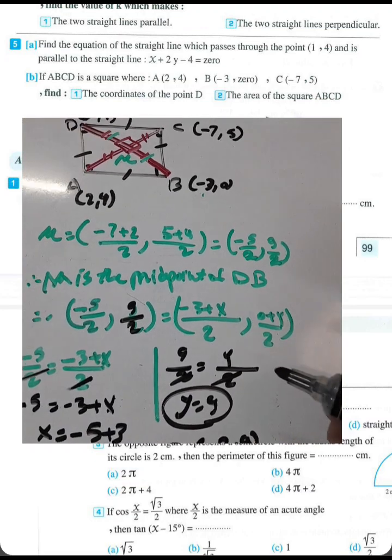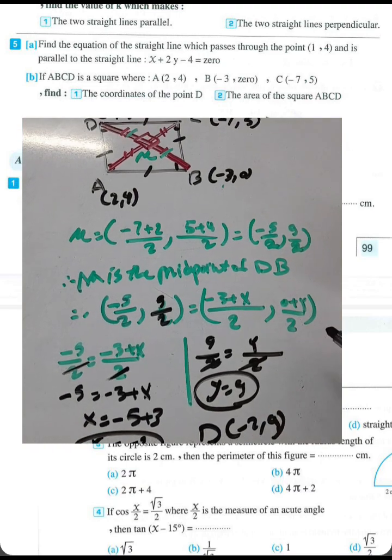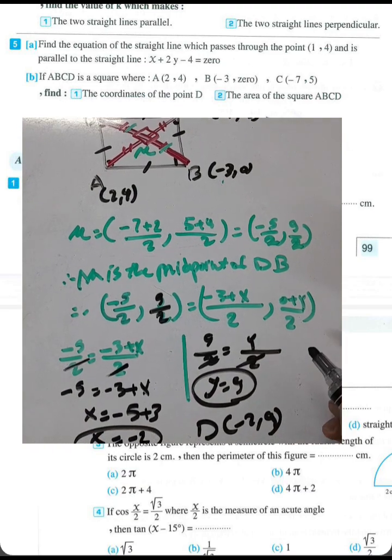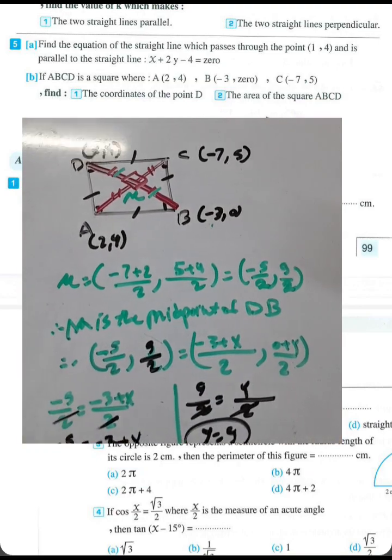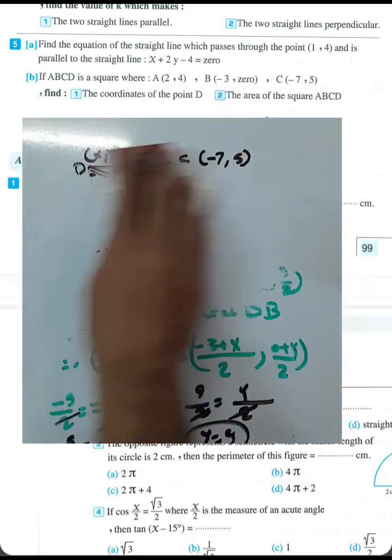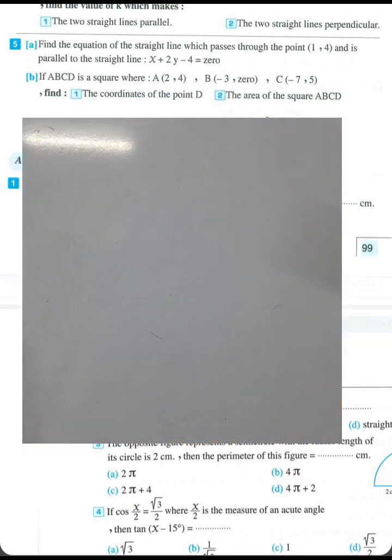And then we want to find the area of the square. The area of a square we can find as side length multiplied by itself, or half times diagonal times diagonal. But it's very easy to find the side length here, such as AB.